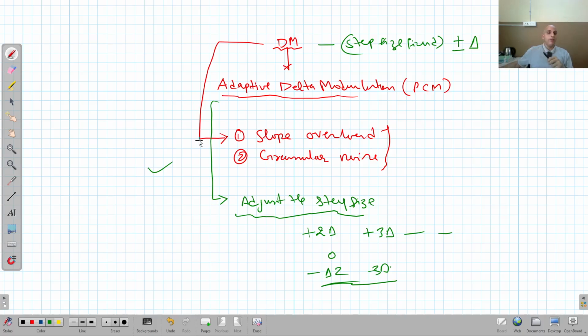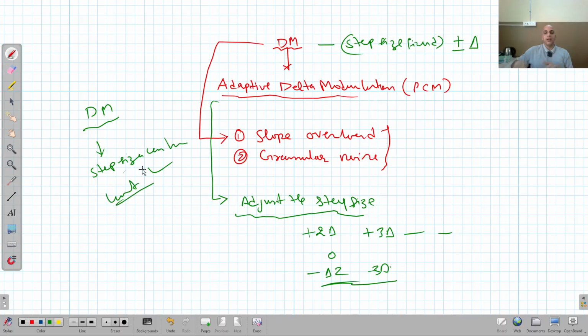Now I am coming to the circuit diagram. The circuit diagram that we are going to see will be more or less the same as for delta modulation, but with one additional block, the step size control unit.